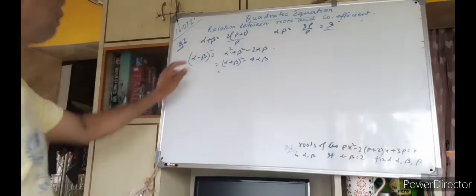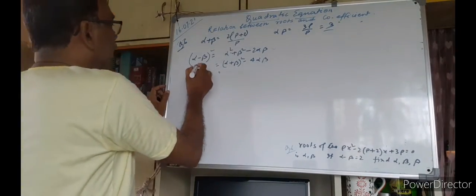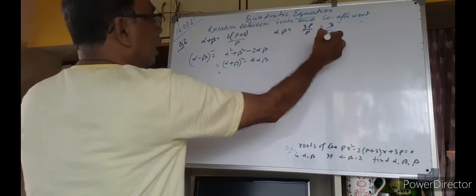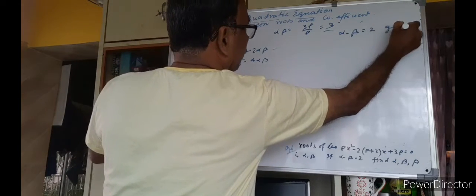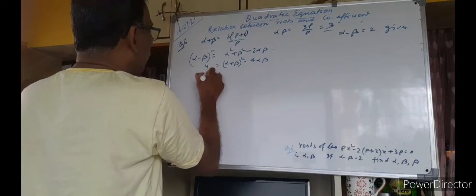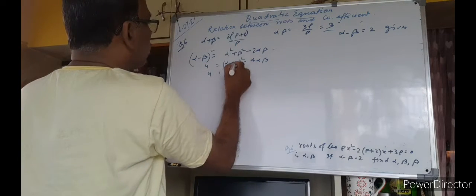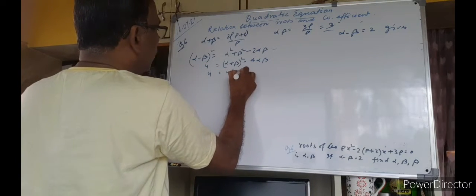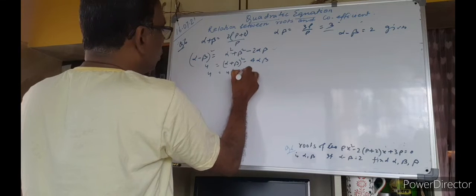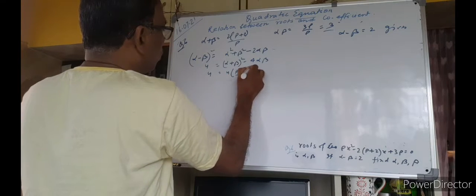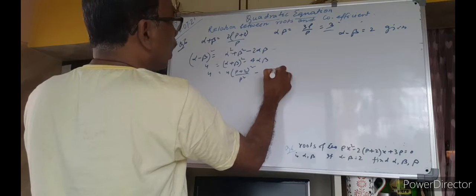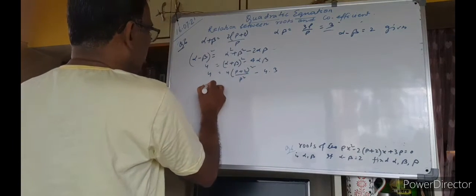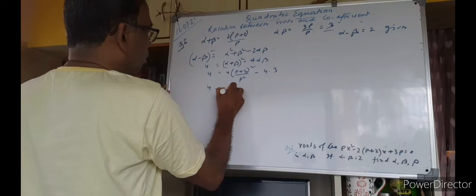Alpha minus beta value is 2, so 2 square is 4. Alpha plus beta whole square is 4 into p plus 2 whole square by p square, minus 4 into alpha beta value 3.